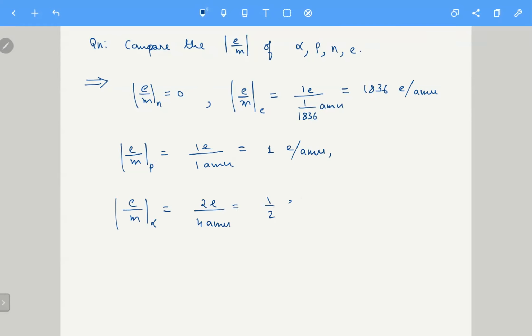This is 1/2 e upon amu. If you arrange them in increasing order, to sabse pehle aa jayega neutron, then we'll get alpha particle, then we'll get proton, and then we'll get electron. Clear hai ye? Understood?